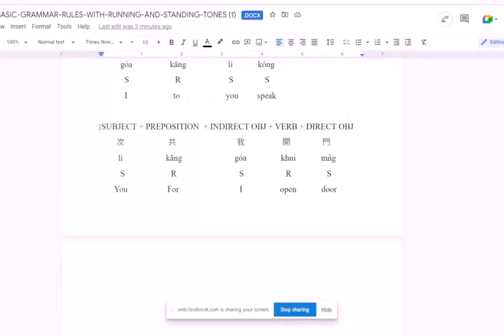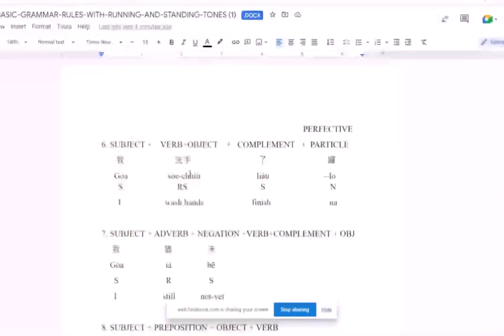Very useful. But the manner that we're approaching this is we're trying to make you understand what tones are changing and why they change, that logic. And if you still don't understand, please comment. Feel free to comment what you don't understand about this, and we'll explain it to you.